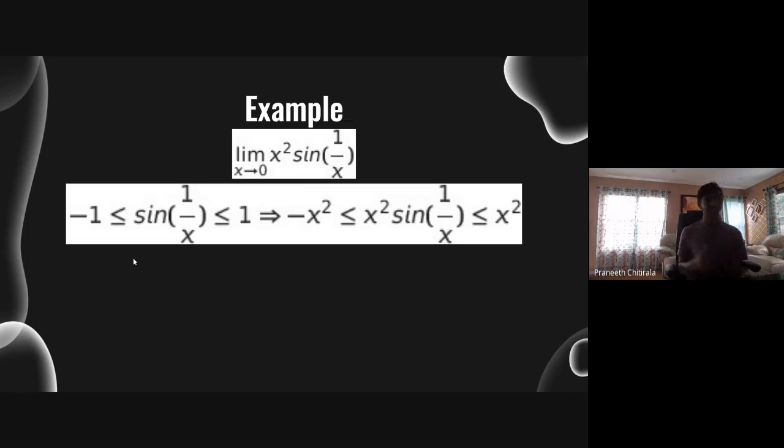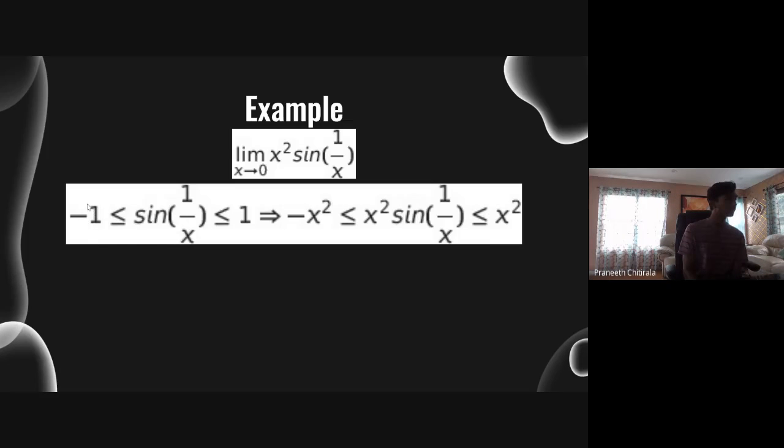So this one is a little bit difficult with the squeeze theorem. You need to know exactly what you're doing, how you're going to solve it, and which functions you're going to use for g(x) and h(x).